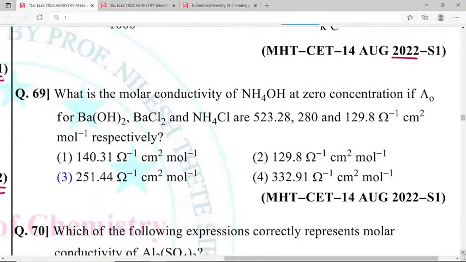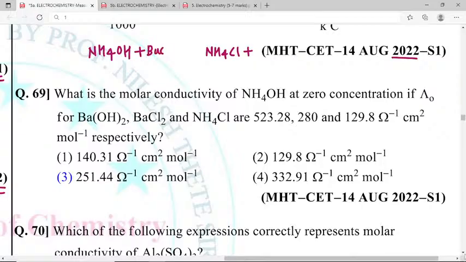What is the molar conductivity of ammonium hydroxide at zero concentration, if barium hydroxide, barium chloride and ammonium chloride values are given? So NH4OH plus NH4Cl on the right side, plus BaCl2, plus Ba(OH)2.